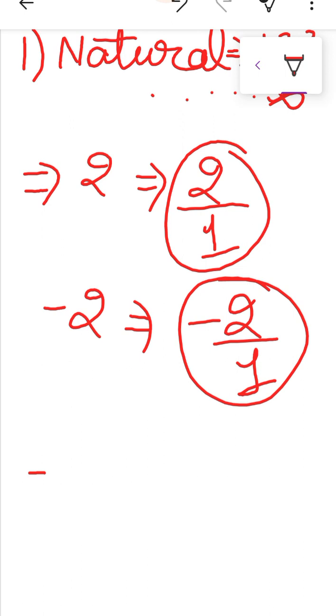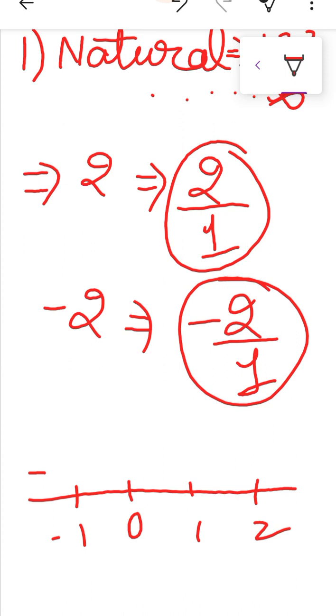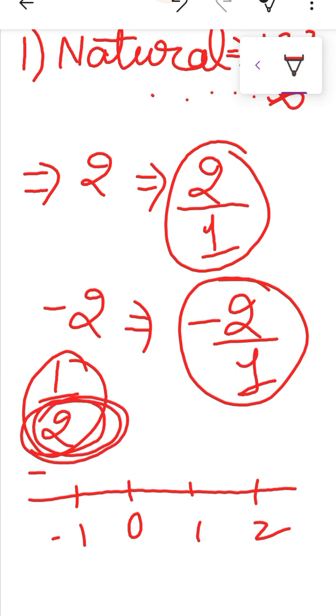Okay, so now how can we represent a rational number on the number line? This is the number line, this is 0, this is 1, this is 2, this is minus 1. Suppose you have to represent 1 by 2 on the number line. 1 by 2 means the total parts are 2, right?